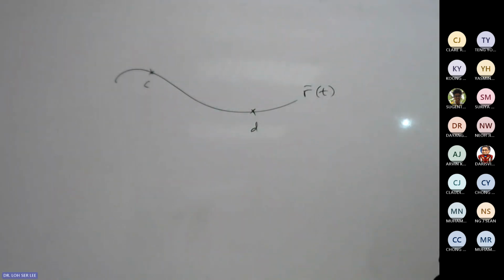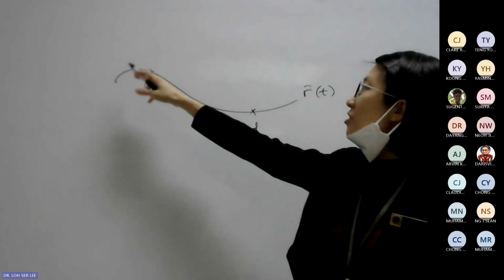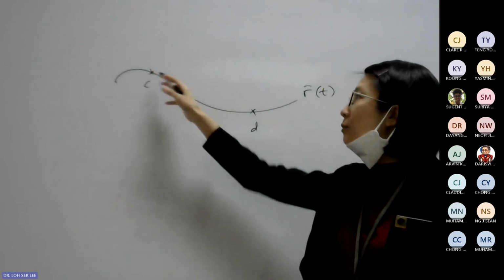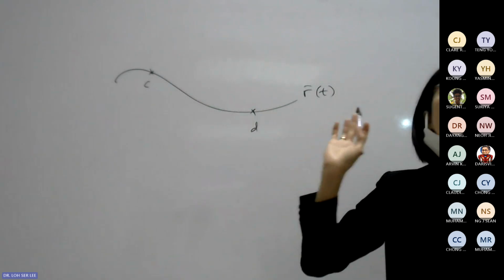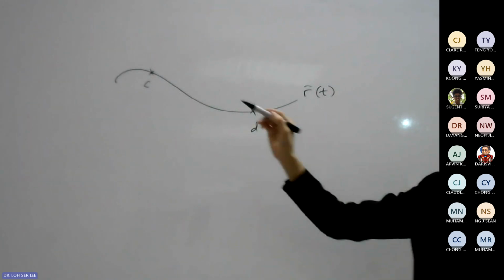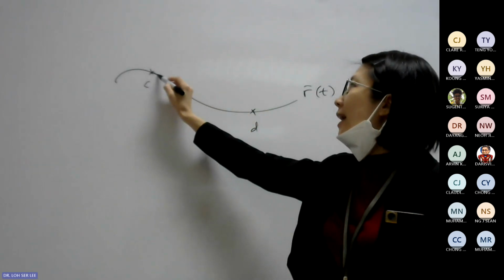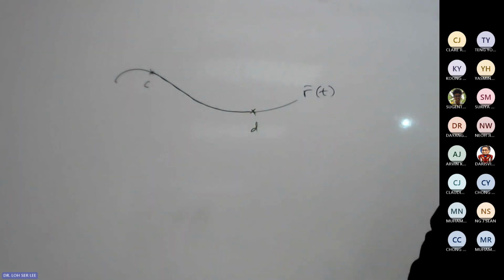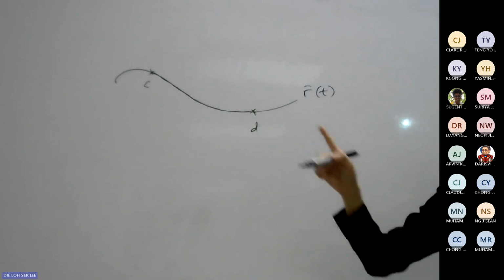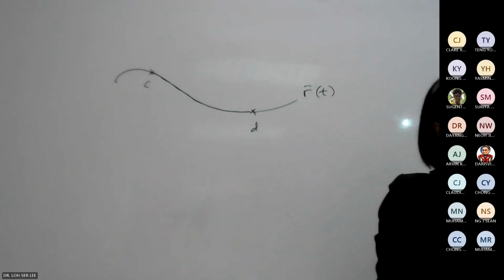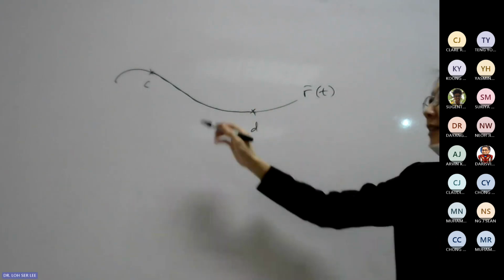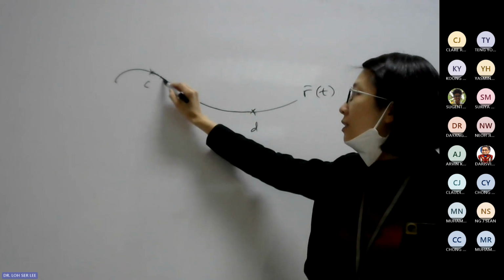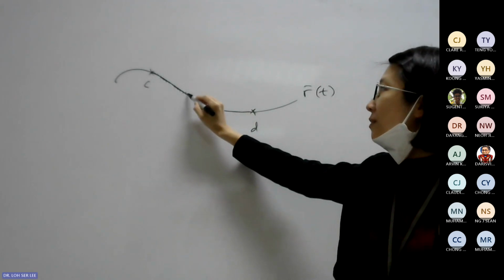Okay, now let's say this is an arc, and these are the 2 points C and D. Now we want to find the length from C up to D. What is the length of the arc? To get the length of the arc, we will break this into many subintervals.